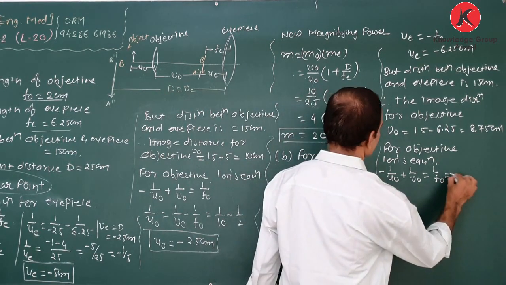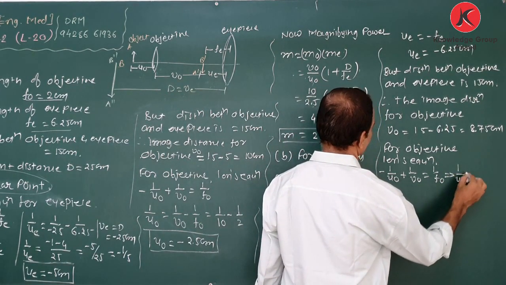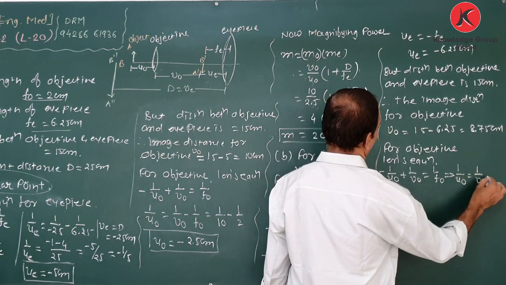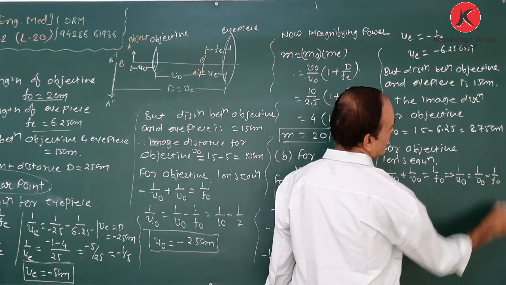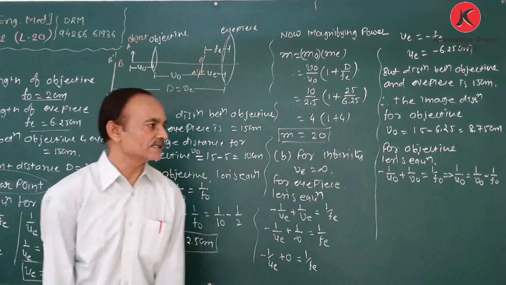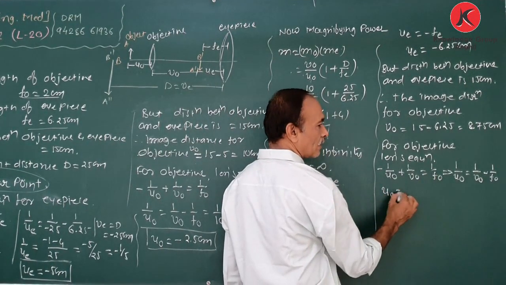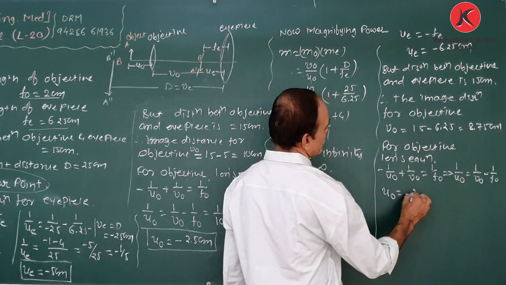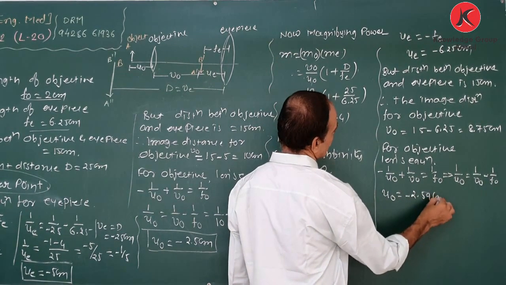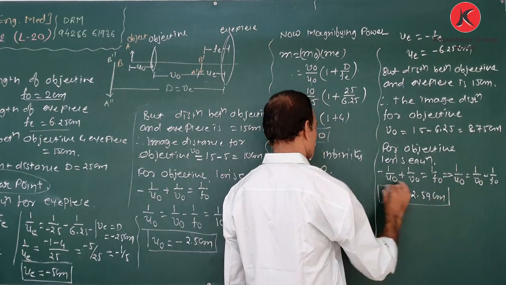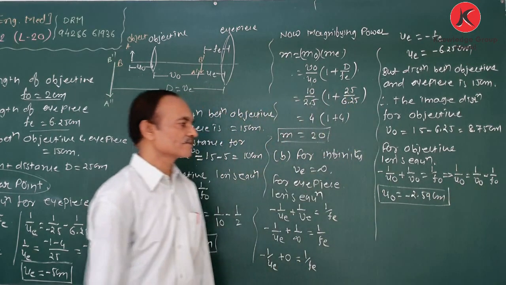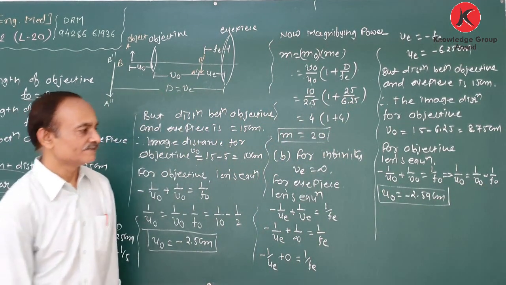From this equation, 1 upon U0 is equal to 1 upon V0 minus 1 upon F0. As we substitute the values, we obtain the object distance is minus 2.59 centimeter.